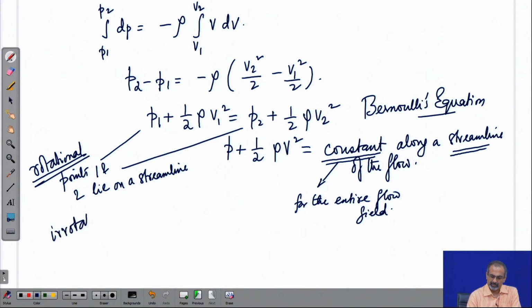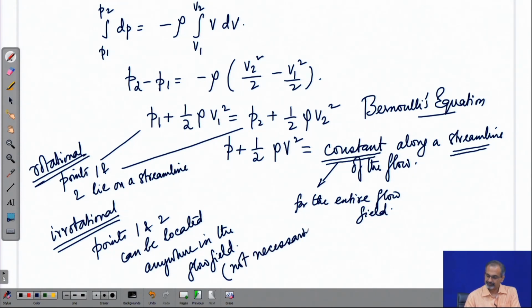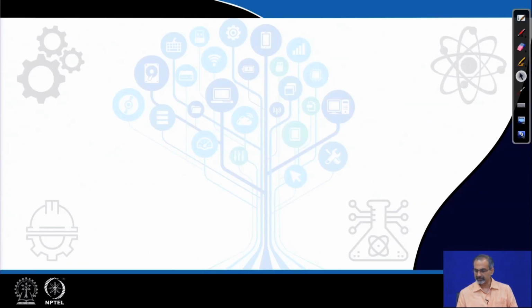However, for irrotational flow, the points 1 and 2 can be located anywhere in the flow field, not necessarily on the same streamline. So, these are very, very important concepts. We will expand more on these concepts in a later lecture.